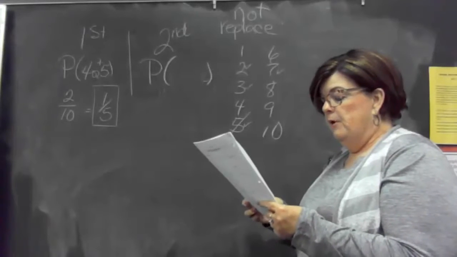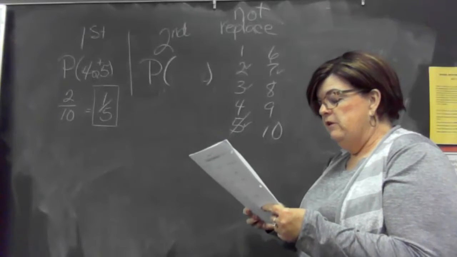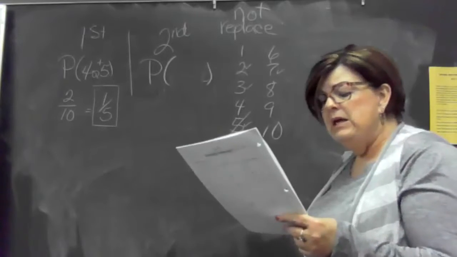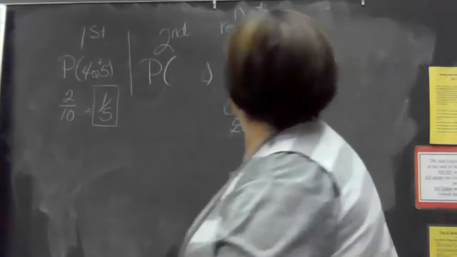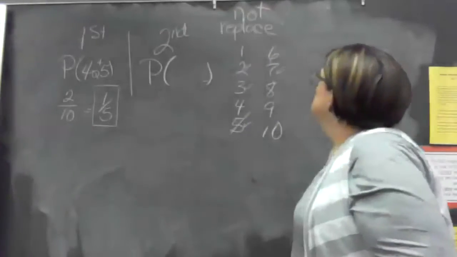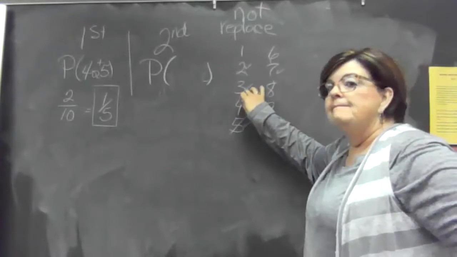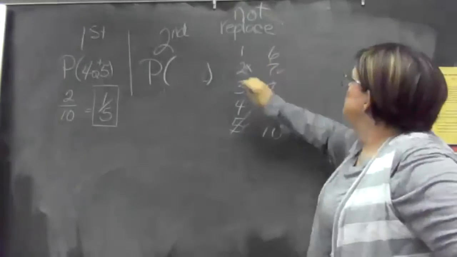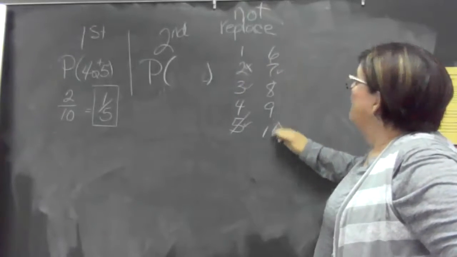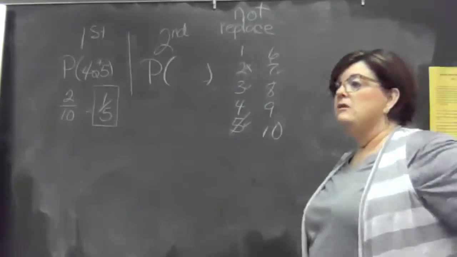Now, what is the probability of getting any even prime number on the second one? It would be 2 or 3. 3 isn't even. Okay, so we've got 2. Just 2. That's it, right?